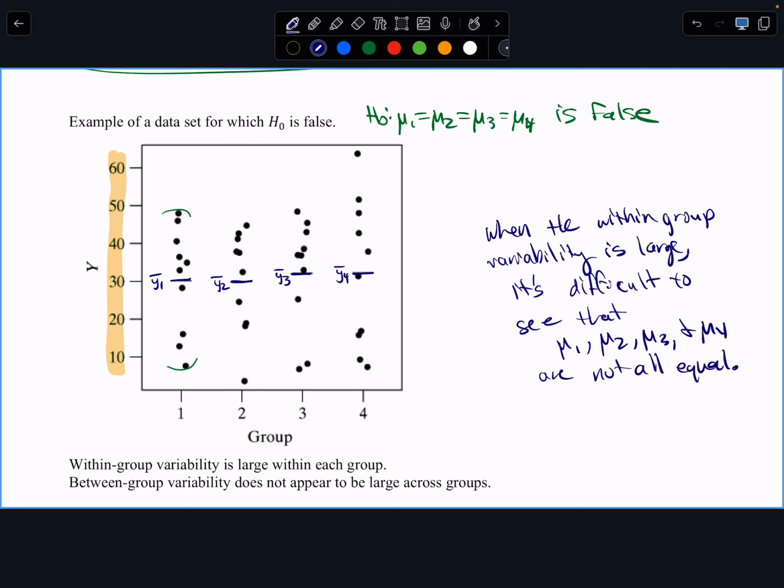All right? So we don't like a lot of within group variability, especially compared to the between group variability.